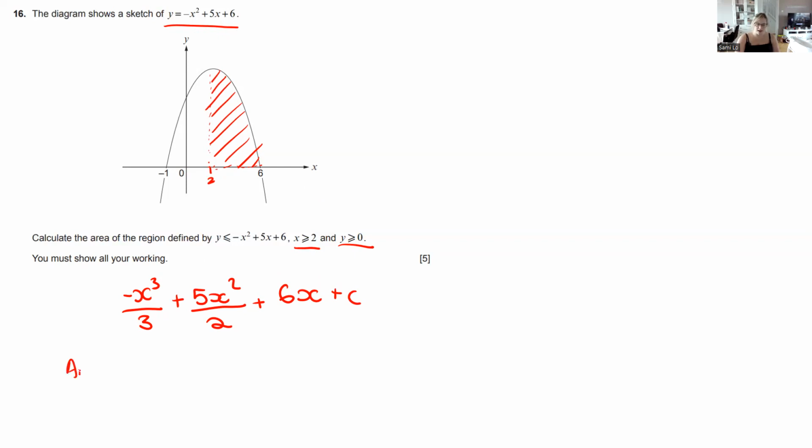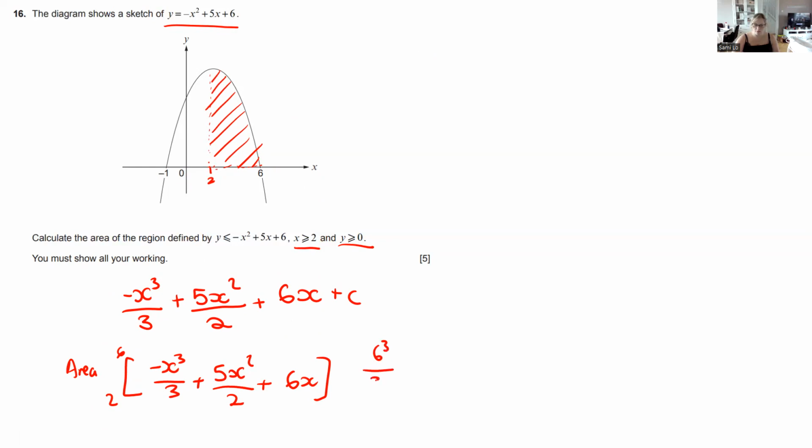Then because we're looking at the area between those points, we're just going to be focusing on when it's 6 and 2. And we're going to do minus x cubed over 3 plus 5x squared over 2 plus 6x. What you need to do then is type in your calculator when it's 6. So just giving you a clue.